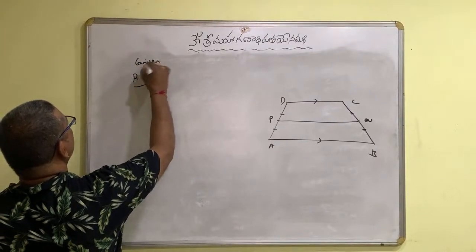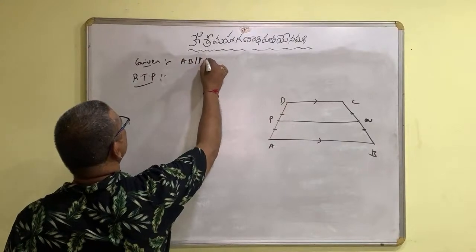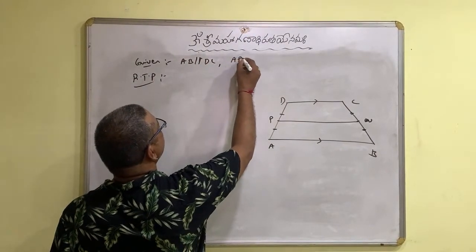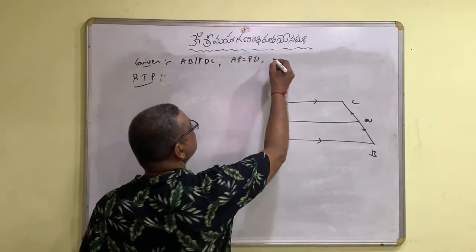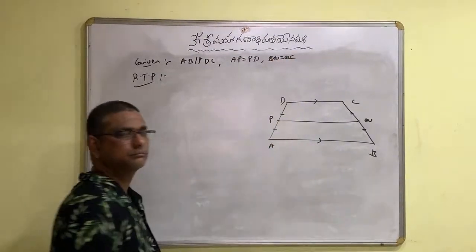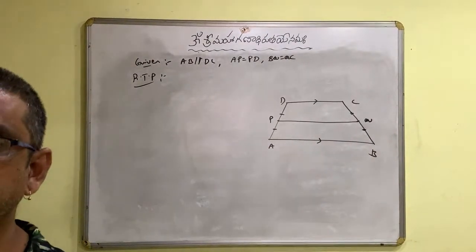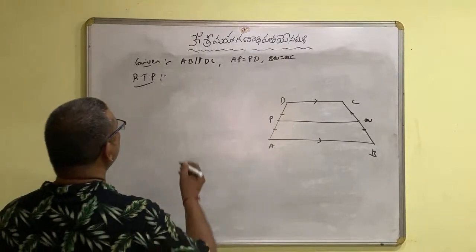Before that we need to write what is given: AB parallel to DC, and AP is equal to PD and BQ is equal to QC. This is what is given. And what is required to prove?